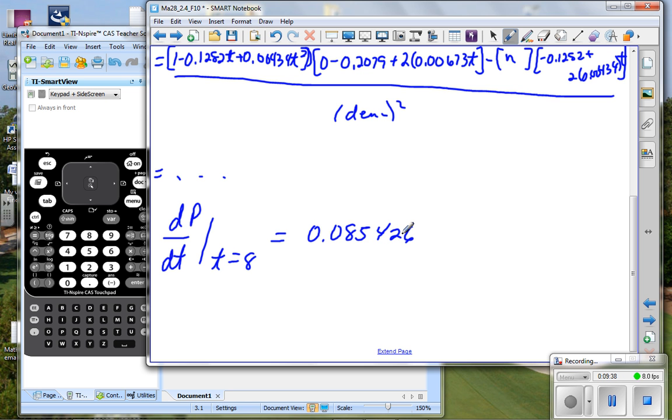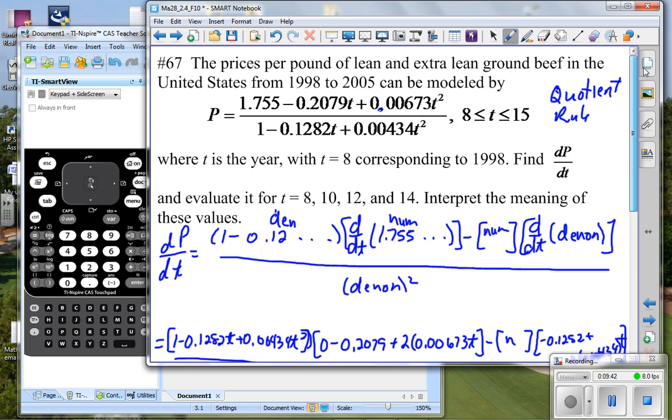Now, we get an answer, but the most important thing is, what does it mean to us? So if we go back here, the prices P of lean and extra lean beef modeled by this formula where t is year.